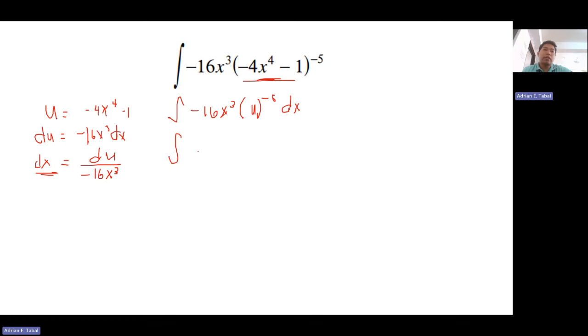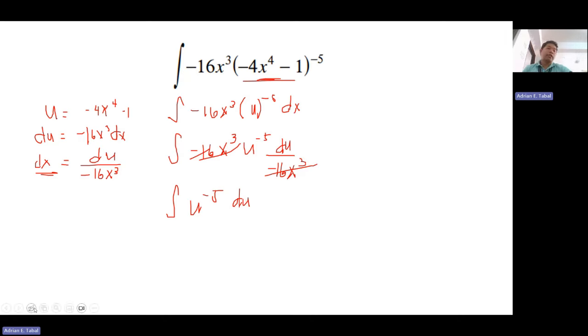So we substitute: negative 16x cubed, u to the negative 5, dx is du over negative 16x cubed. Let's cancel and simplify first. The remaining variable is u to the negative 5 du. So our variable of integration is u.